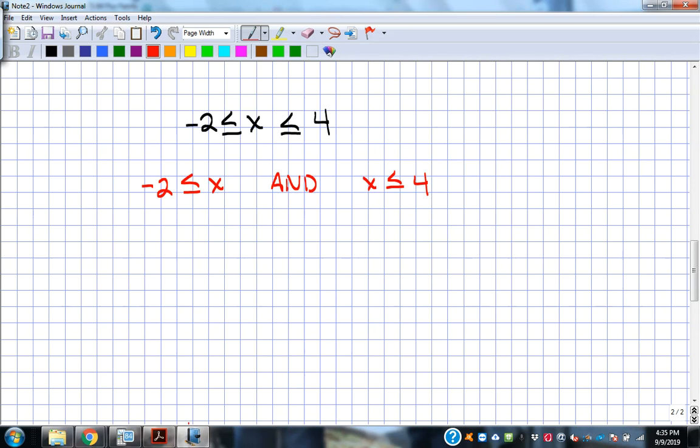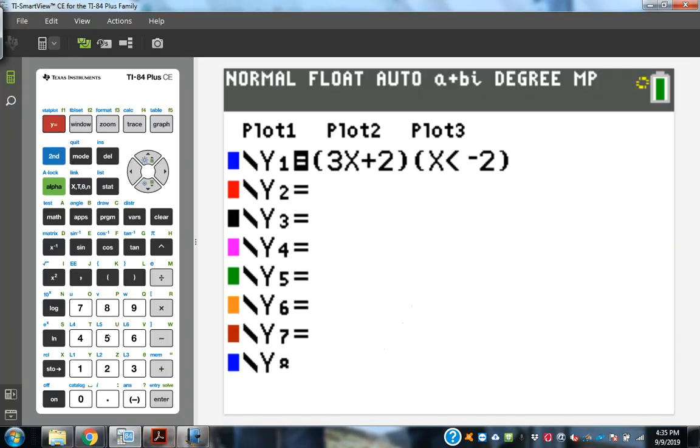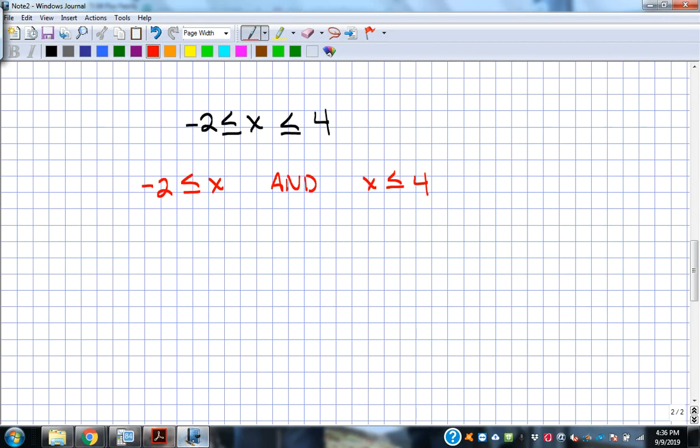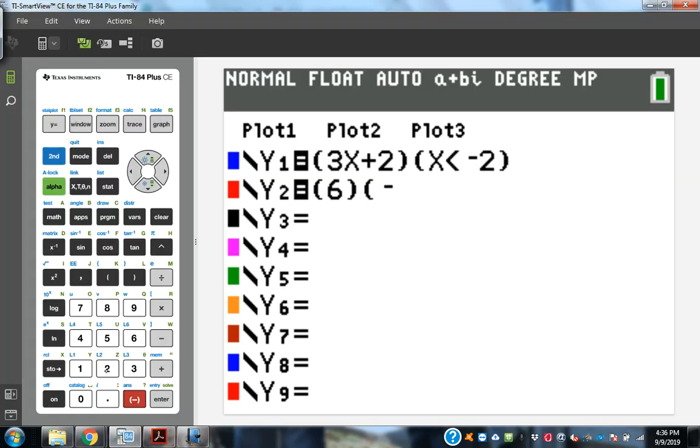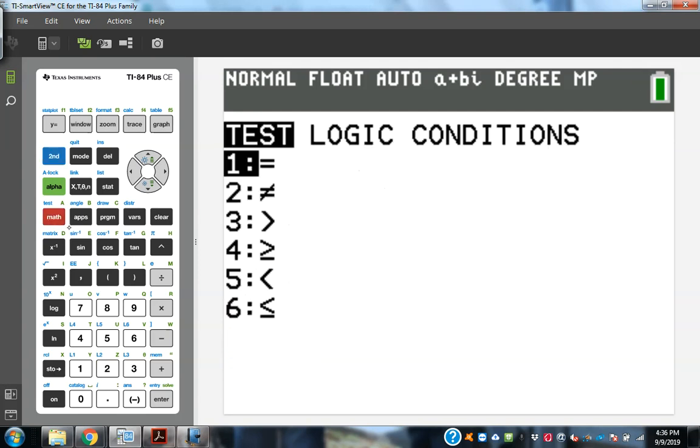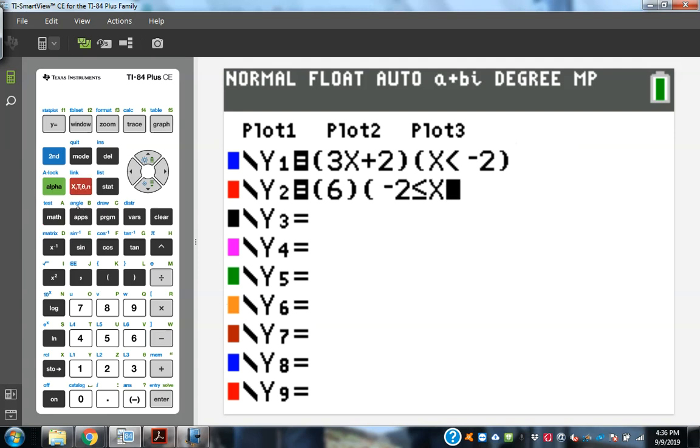So we're going to go to Y equals on the calculator. I'm going to Y2. I'm going to put a parentheses. I'm putting 6 in there and another set of parentheses. And this is where I've got to do that weird thing with the inequality. So I'm going to type, just like I've got it written here, -2, then second math, less than or equal to, so that'd be number 6, x.